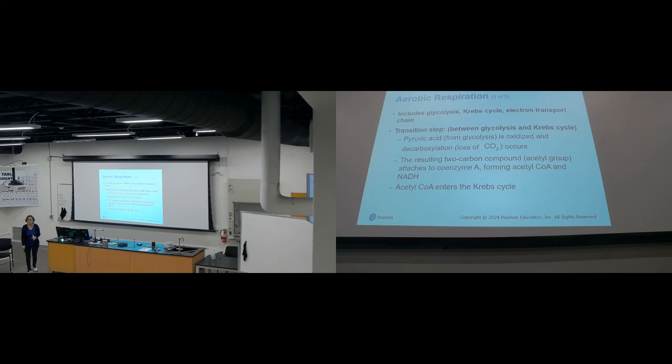So in aerobic respiration, we have glycolysis, the Krebs cycle, and the electron transport chain. And then, of course, you know that prokaryotes don't have membrane-bound organelles, including mitochondria.